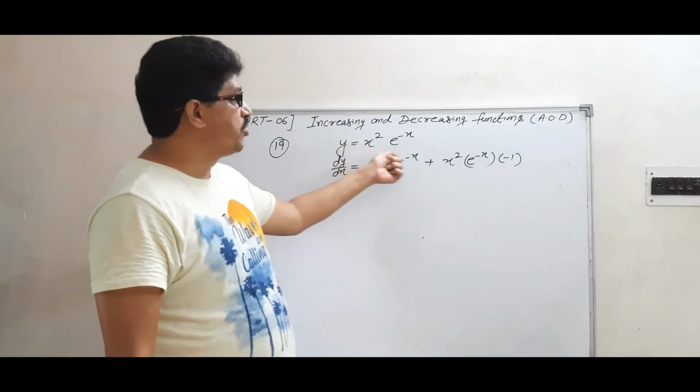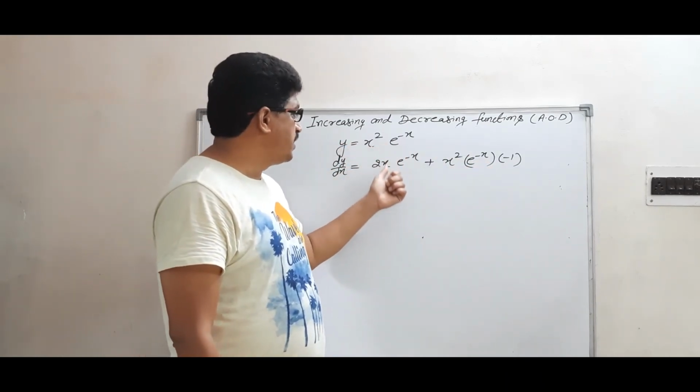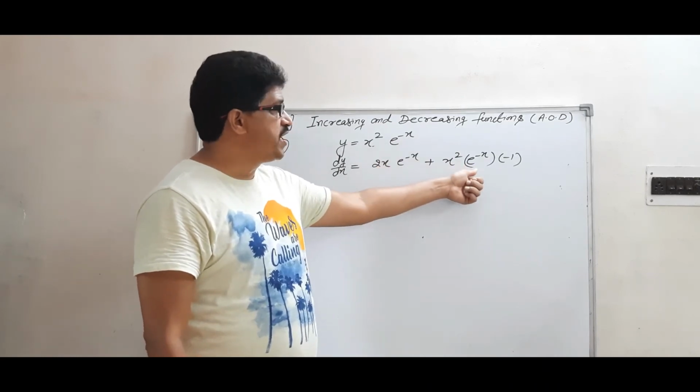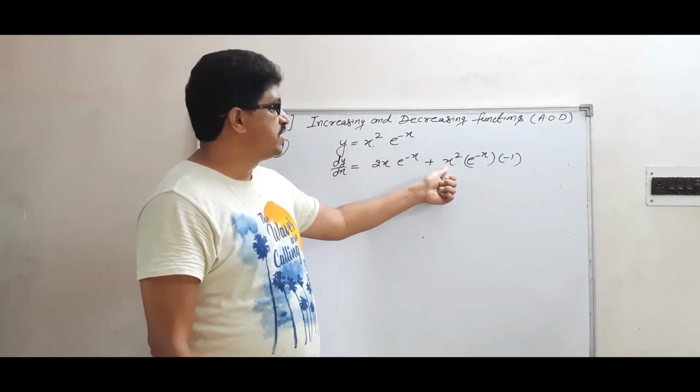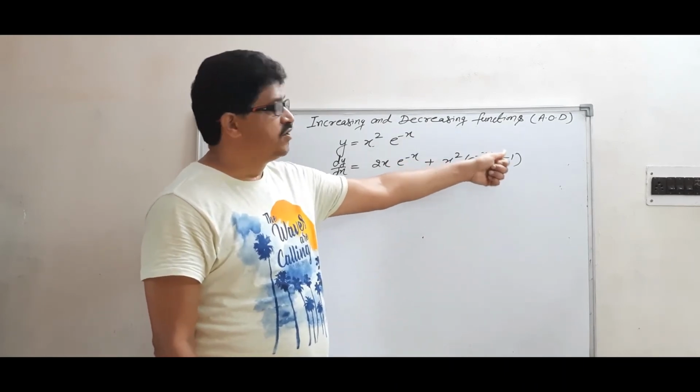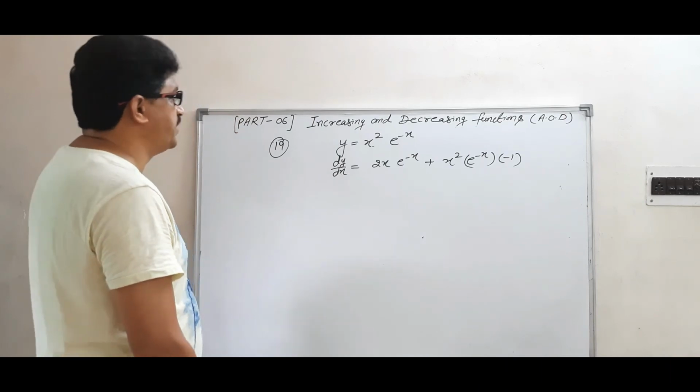Differentiate by using the product rule. x square stays as it is, differentiate e raised to minus x, and the derivative of minus x is minus 1.